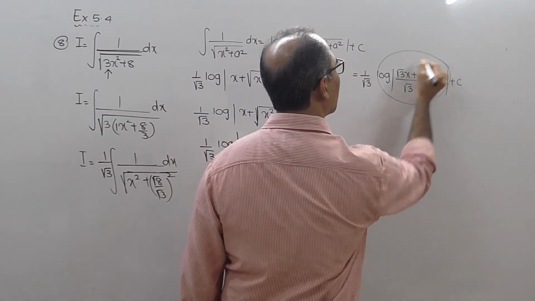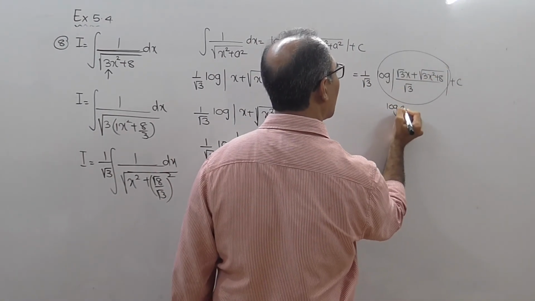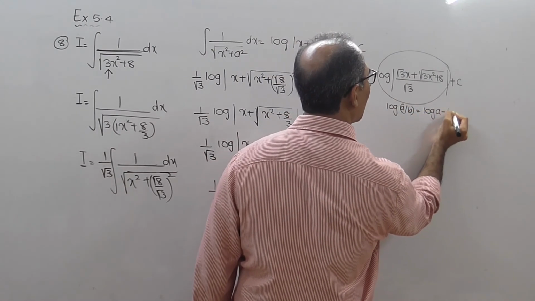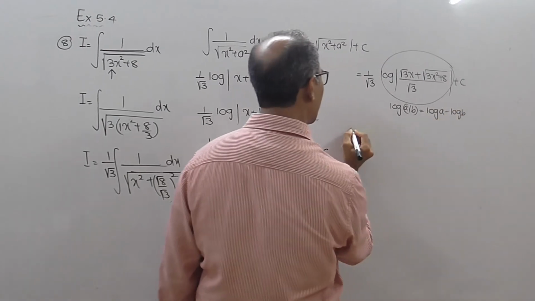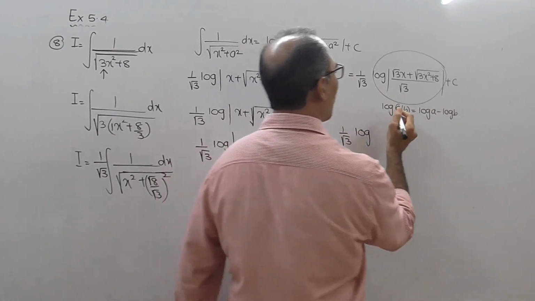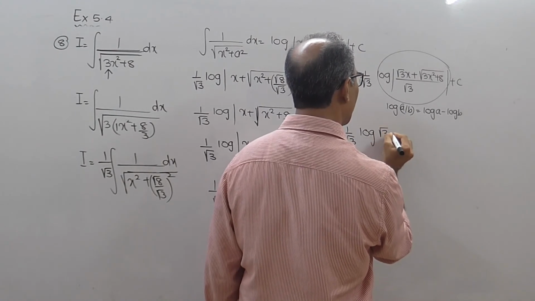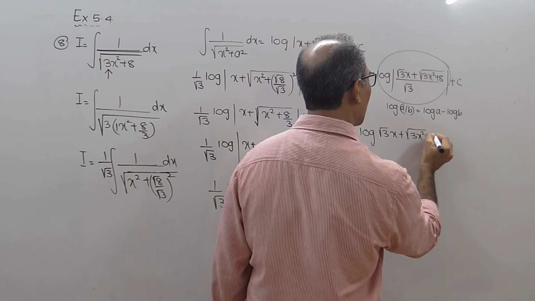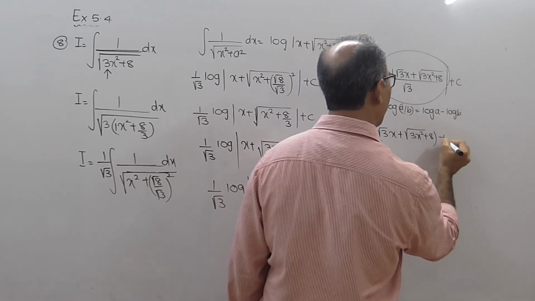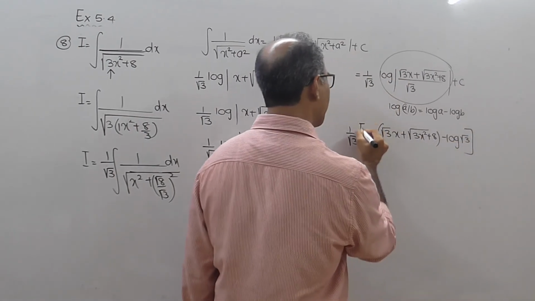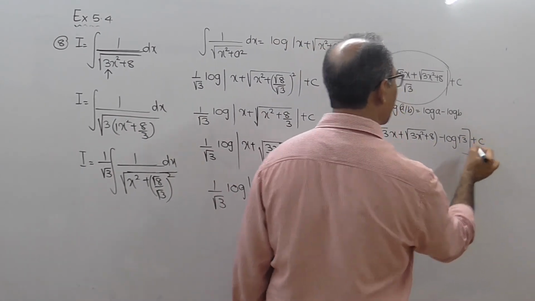This part is in the form of log a by b, and log a by b is nothing but log a minus log b. So this will be 1 upon √3 into log a minus log b, bracket close, and plus c.